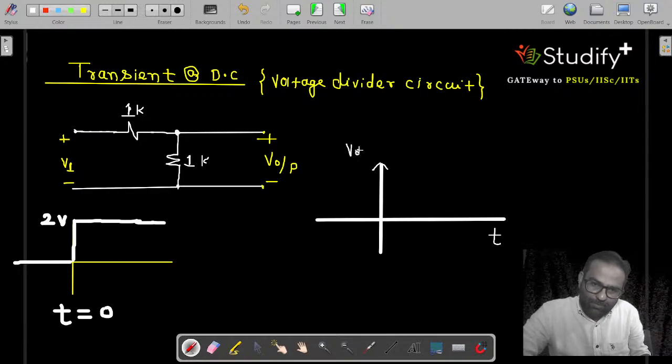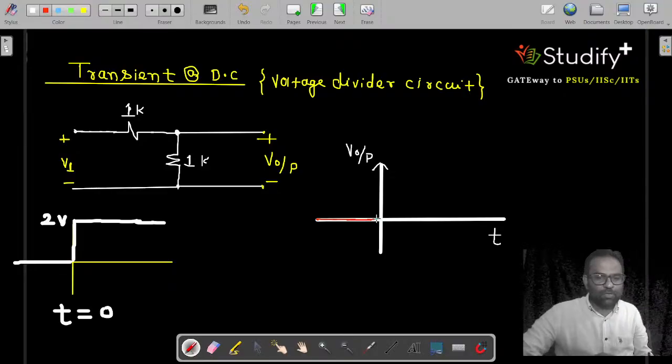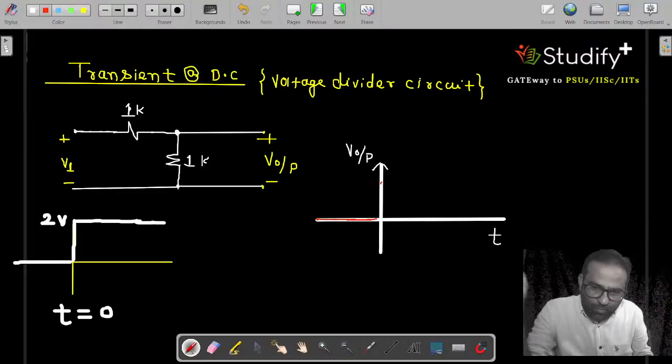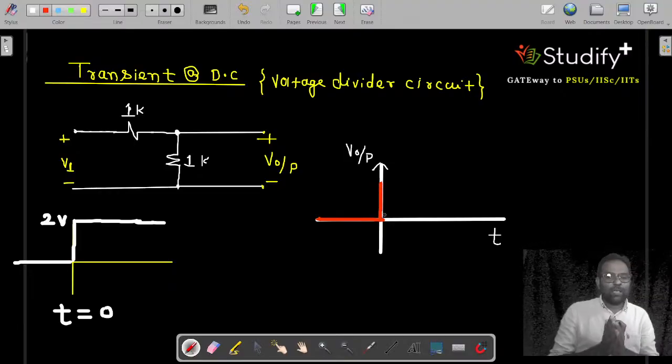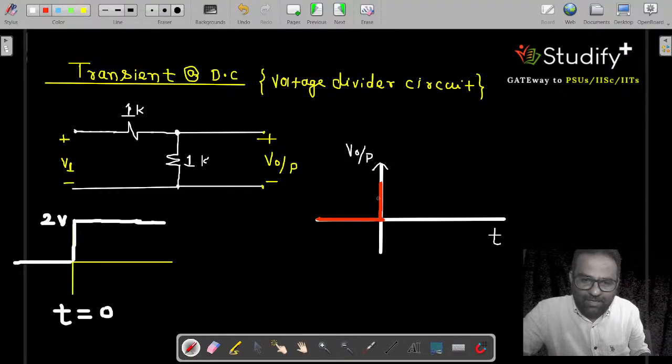If input goes from 0 to 2 volt, the output of the circuit will go from 0 volt to 1 volt, because in a potential divider circuit the potential is equally divided into two parts.